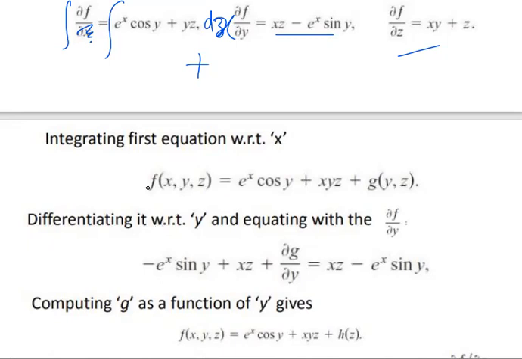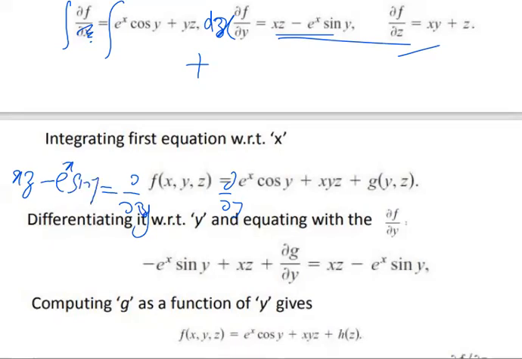So let me write that down: x z minus e to the x sine y, which is same with partial of this with respect to y, e to the x, sine y negative.